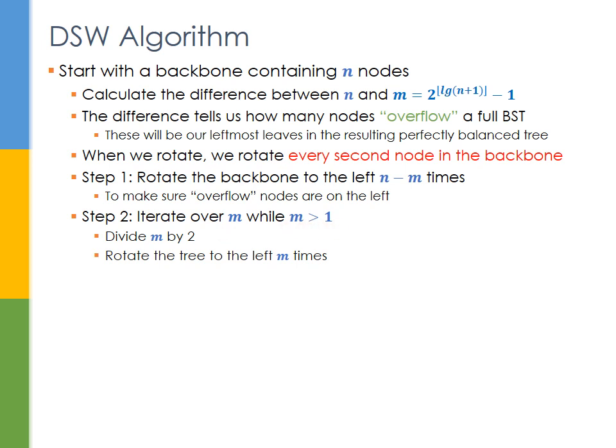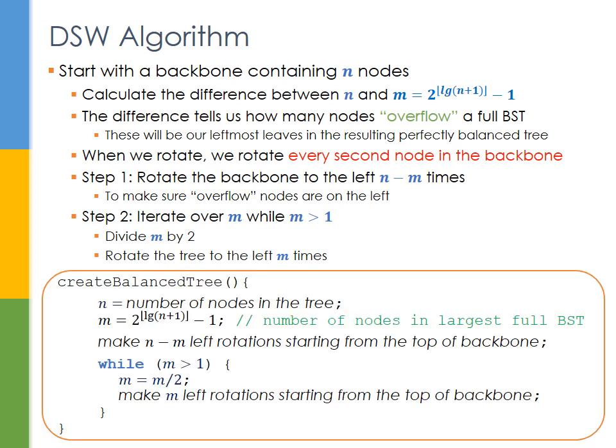At each iteration, we divide m by 2, and this will give us a new m value and tell us how many left rotations are required within the tree. So we will perform a series of multiple left rotations at each step until eventually m is not greater than 1.